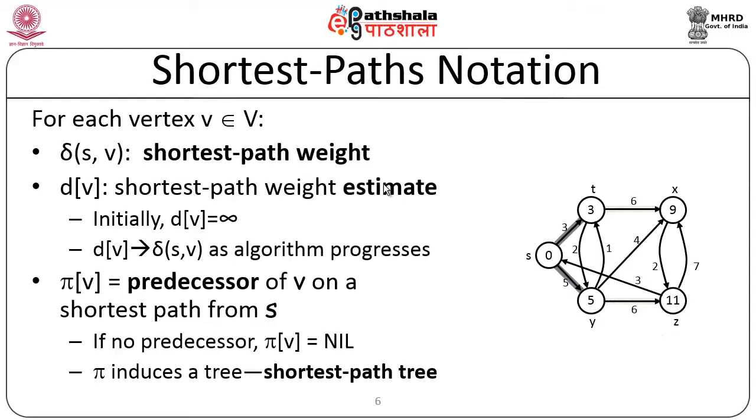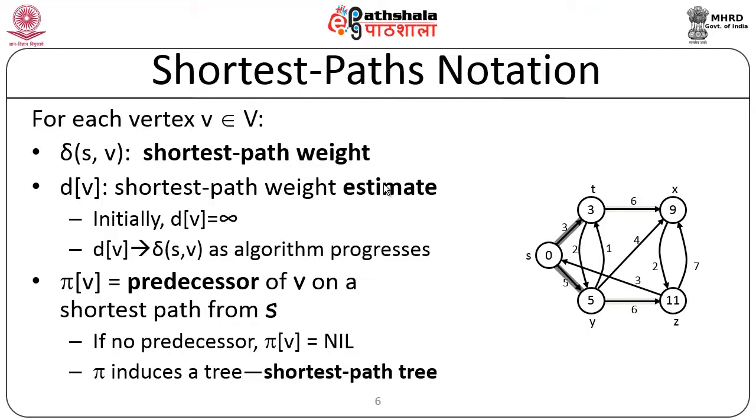Now, let us look at some notation that we use for shortest paths. For each vertex v, the small v is the vertex and capital V is the set of vertices. You have delta(s, v), which is the actual shortest path weight between the source node s and any other vertex v.